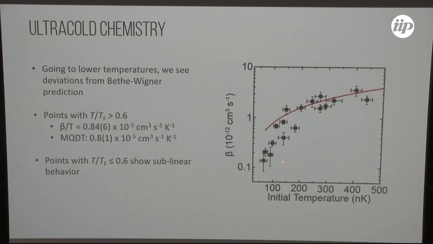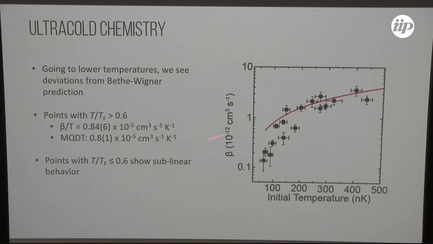The nice thing that we can do now is, of course, change the temperature and see how the reaction rate goes as a function of this. The y-axis on this plot is a logarithmic scale. The red line is the prediction for the P-wave channel with the B coefficient that I was talking about, coming from this multichannel defect theory by Paul Julienne and collaborators.